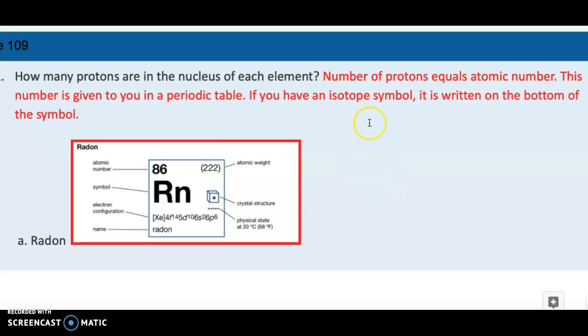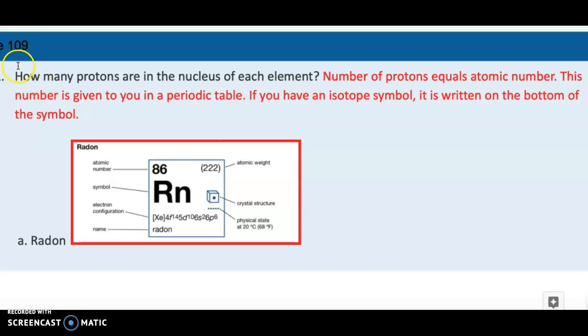By knowing the number of protons, you can identify what element it is, because you will know the atomic number of your element. All atomic numbers are represented in the periodic table. By knowing the atomic number, you know the number of protons. Protons identify elements. So, number of protons is equal to the atomic number.